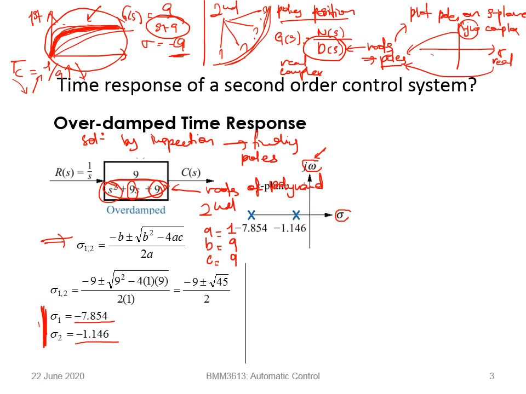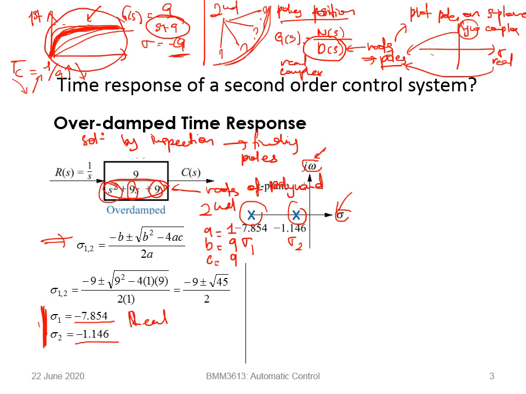If we look at the poles, both of them are real numbers. There are no complex components in the numbers. So both of the poles are situated on the sigma axis. The first pole, sigma 1, is minus 7.854, and the second pole, sigma 2, is at minus 1.146.